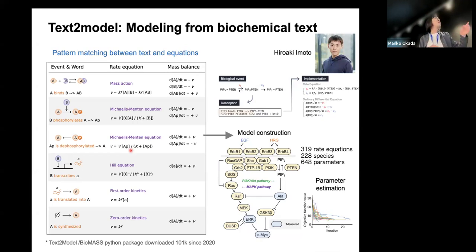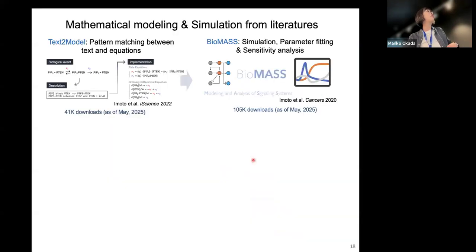So this text model can be used as an intermediate language to convert such noisy biological text into more simplified words, and then go to the modeling. And actually, we developed the model using this text model, and then performed the analysis that I showed.